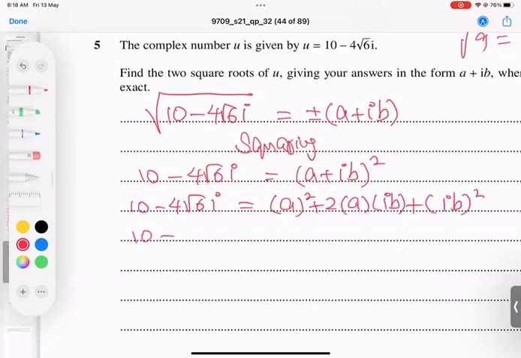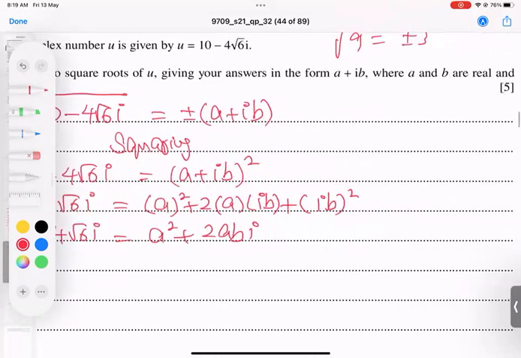So here I get 10 minus 4 root 6 iota equals a square plus 2ab iota, and all of you know iota square gives you -1. So the square of iota and b gives iota square and b square, and this becomes -1, so negative b square.